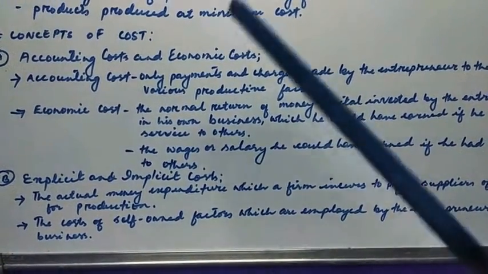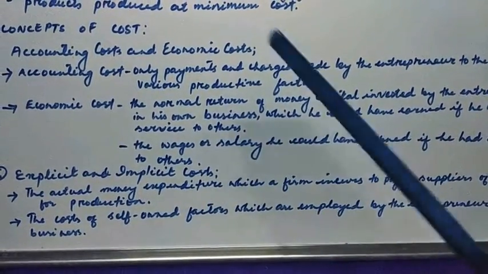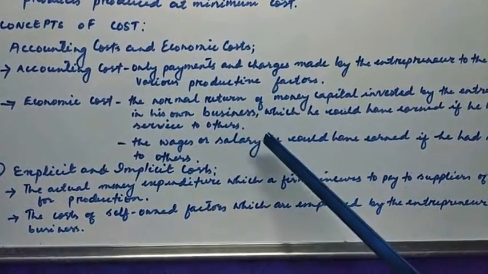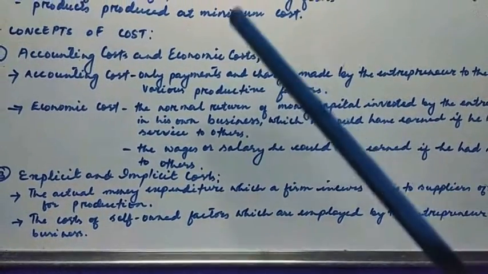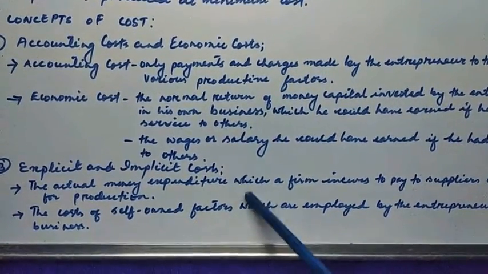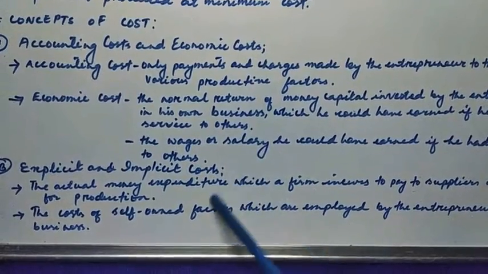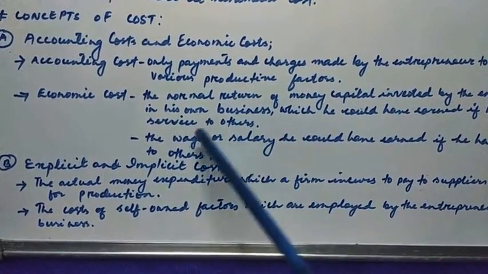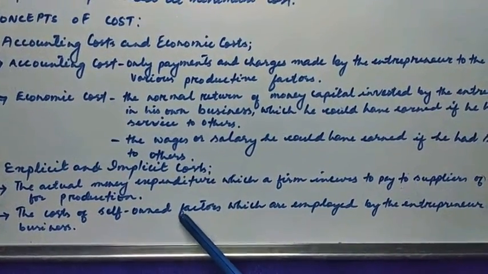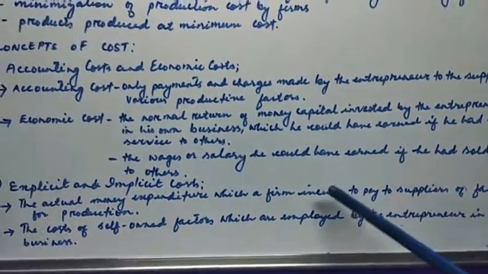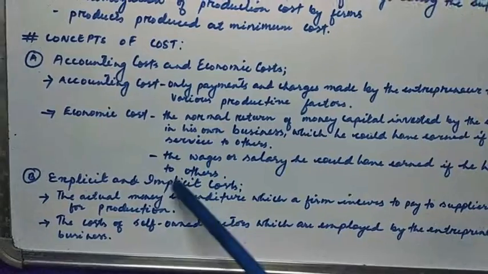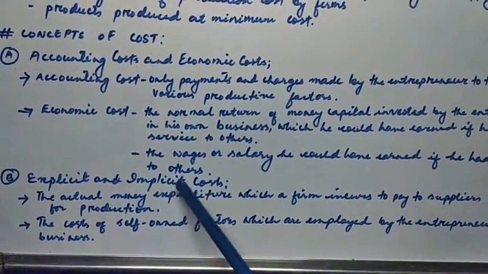If he had invested elsewhere, he could have earned some profit or dividend, but since he is investing in his own business, he's not getting that. That cost is the implicit cost.